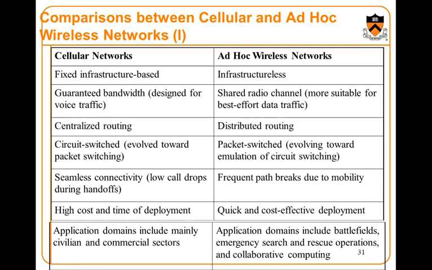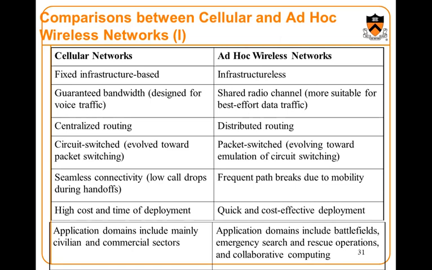Similarly, in a cellular network there is seamless connectivity with low call drop, and specifically the handoff procedure is a bit more efficient and more reliable. In an ad hoc network, there are frequent breaks, and the main reason behind that is that you have different neighbors in your surroundings.